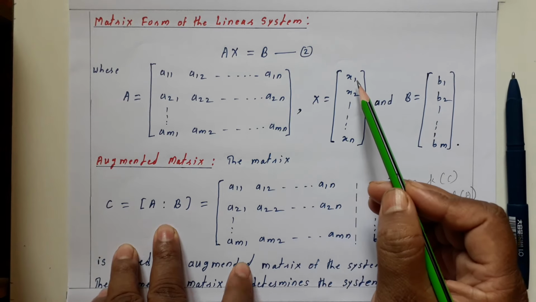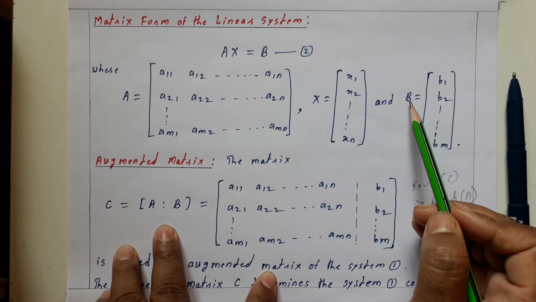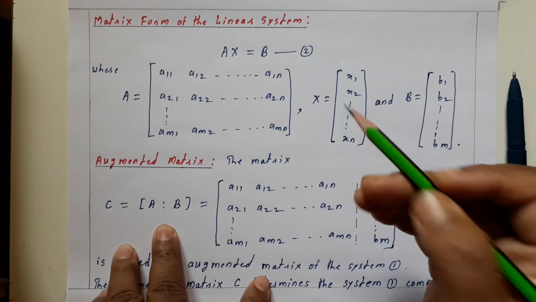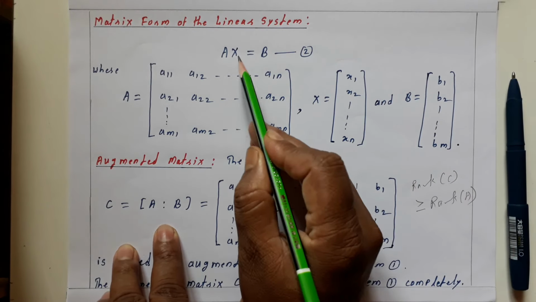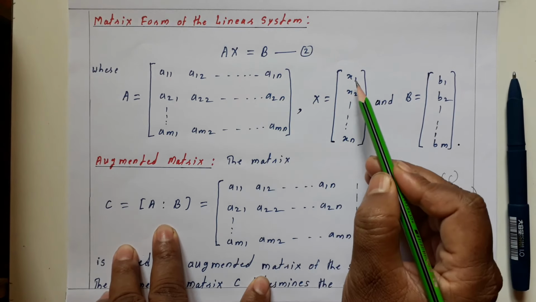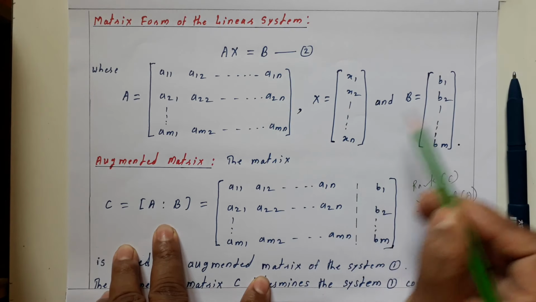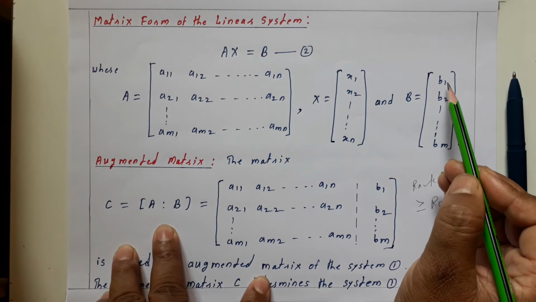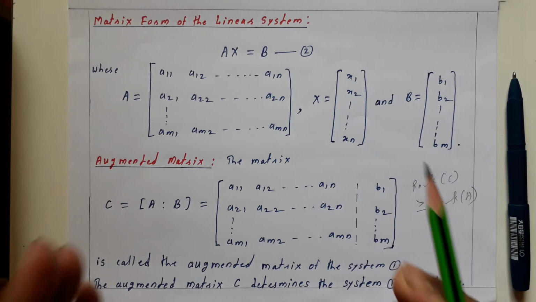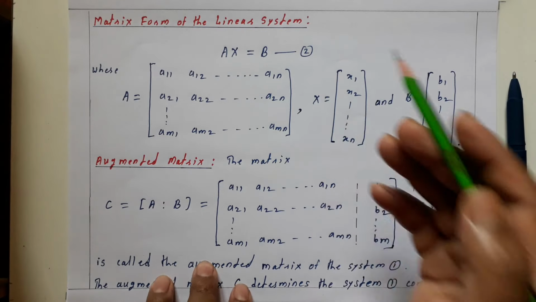This x is called the variable column matrix and B is called the constant column matrix. If we use matrix multiplication, then A times x means this row into this column, so a11 x1 plus a12 x2 plus up to a1n xn is equal to b1, means system 1 and system 2 are the same. This is the matrix form of the given system.